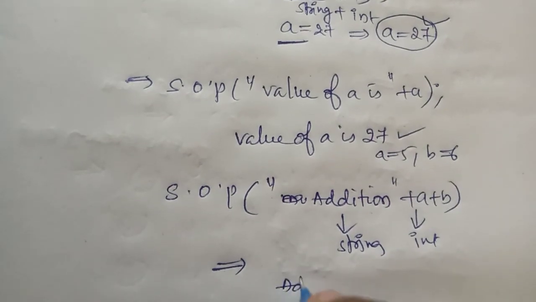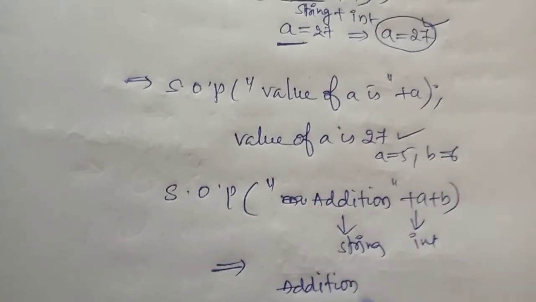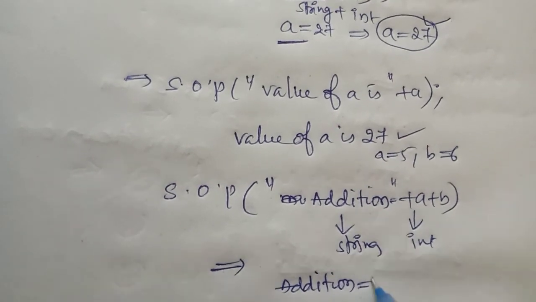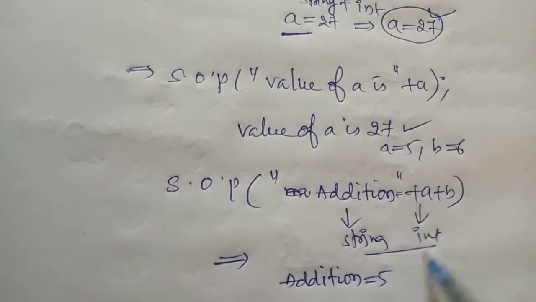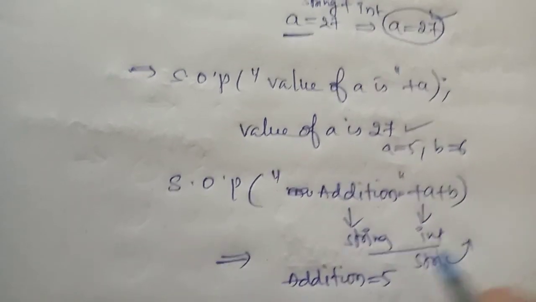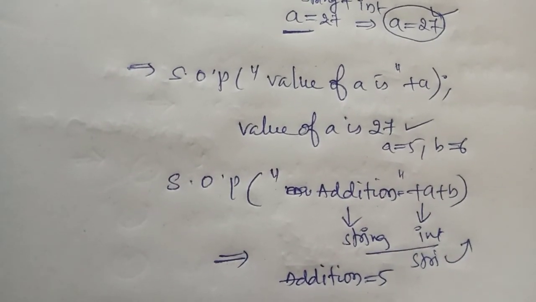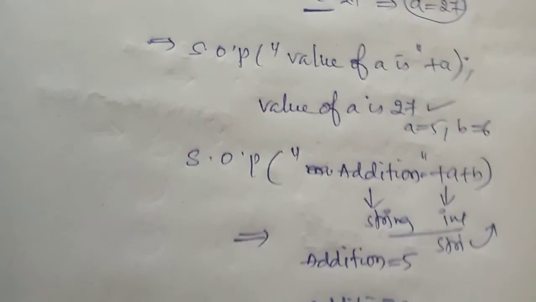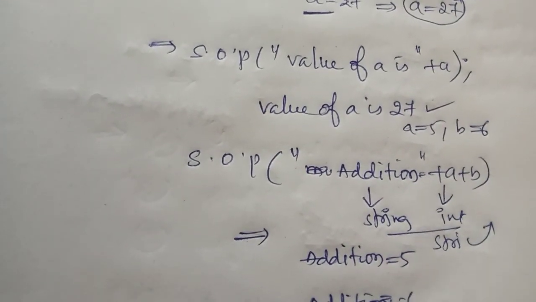That means addition is added to this one, addition equal to 5. Up to this it is a string. Again string plus integer becomes string. So you will get addition equal to 5, 6, because 5 is the first integer added to the string, and then 6.